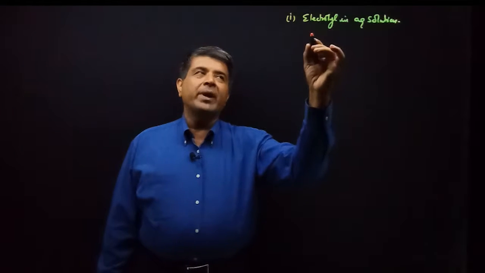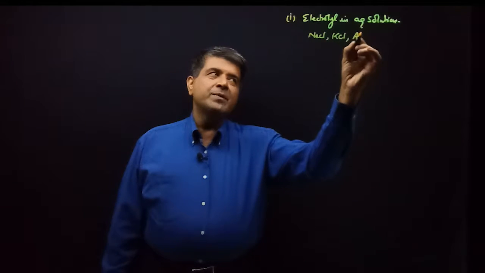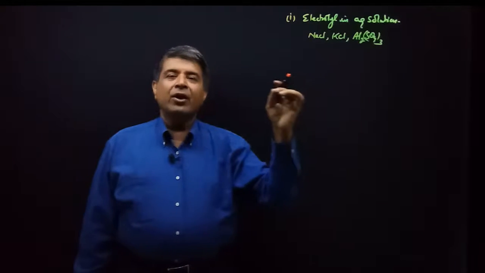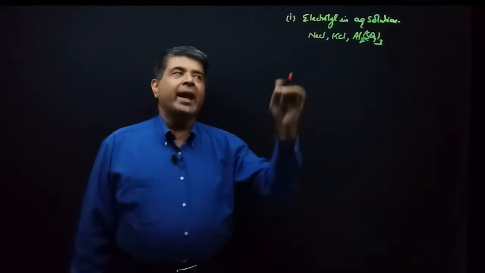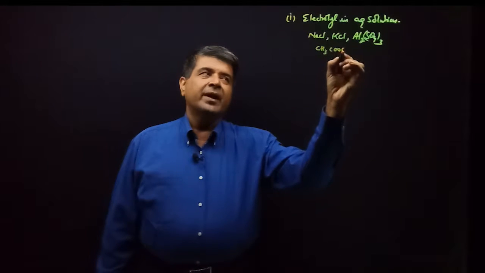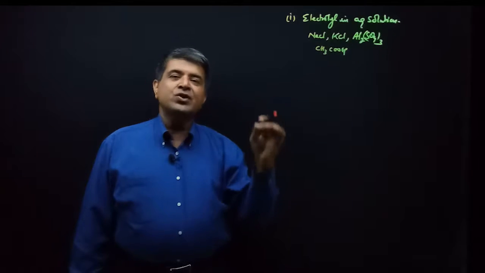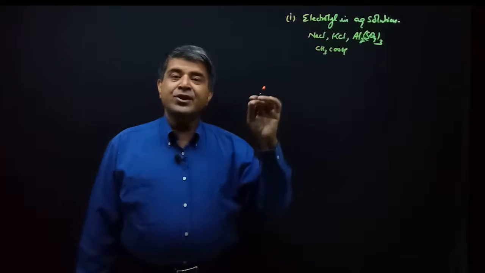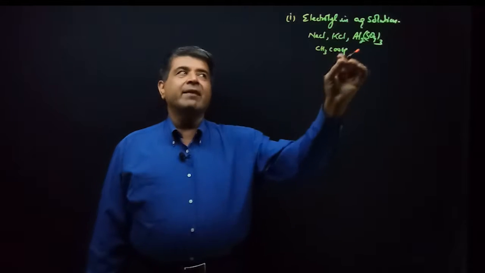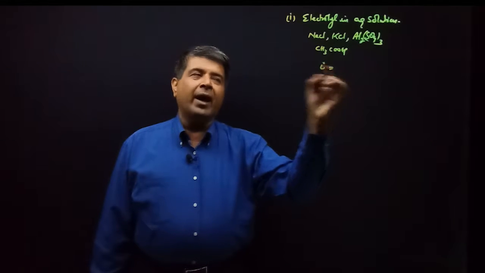Now an electrolyte would be like NaCl, KCl, aluminium sulfate, or any compound which can dissociate in aqueous solution. It can be acetic acid also, because it will dissociate to a certain extent. So any electrolyte, either a strong electrolyte or a weak electrolyte, if it is given in aqueous solution, then you have to use the van 't Hoff factor i.